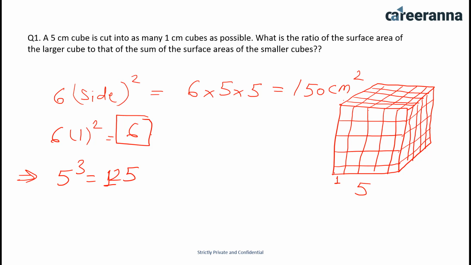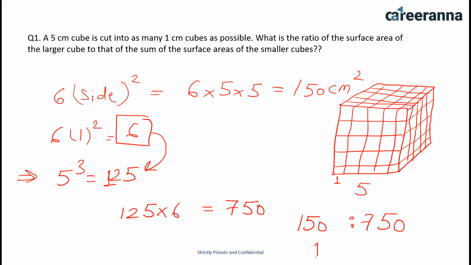So surface area of all these cubes will be 125 into 6, which is nothing but 750. Now the question is asking the surface area of the larger cube to the sum of the surface areas of the smaller cubes. So surface area of the larger cube is 150. Surface area of the smaller cubes is 750. So ratio comes out to be 1:5. So our answer to this question is 1:5.